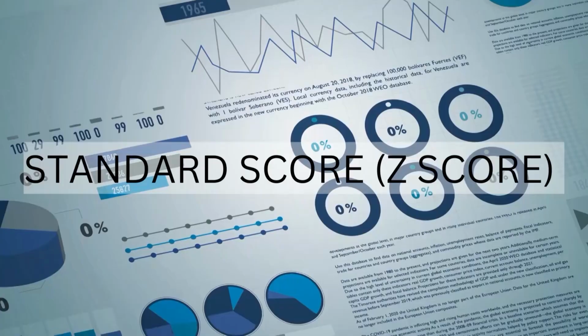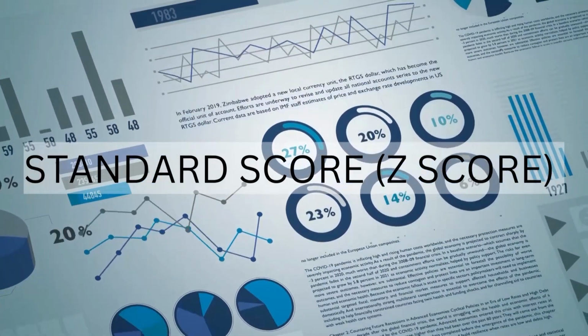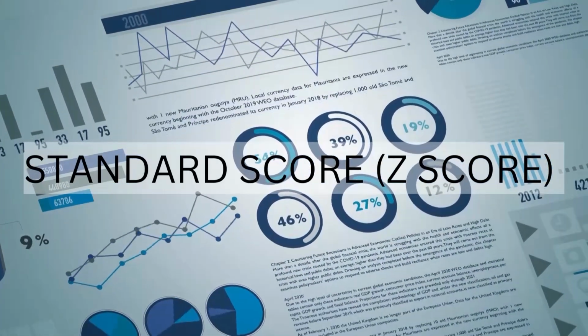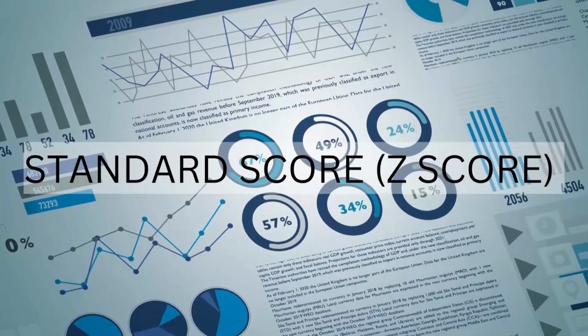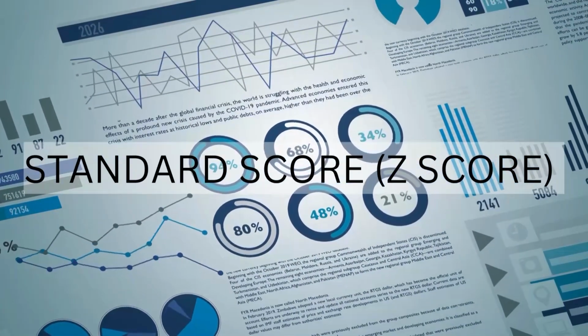A Z-score is a raw score which is expressed in terms of its position relative to the mean, in terms of standard deviation. A negative Z-score means that the raw score is below the mean, and a positive Z-score means that the raw score is above the mean.